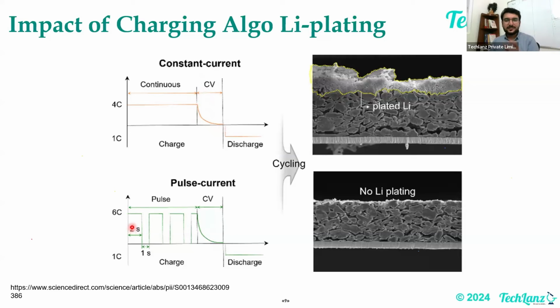You give pulses: one pulse, then a break, then one pulse, then a break, then one pulse, then a break. Then you give a CV. In this method, during the intermediate relaxation the battery is not charging, but diffusion is happening. That is what limits the plating. So in this case plating is happening, but in this case plating will not happen.